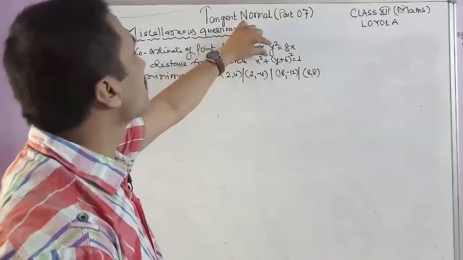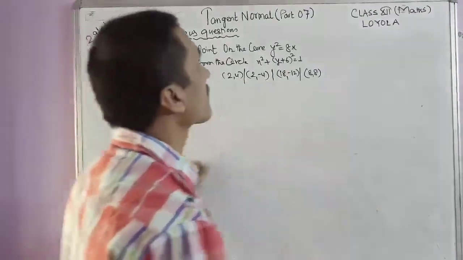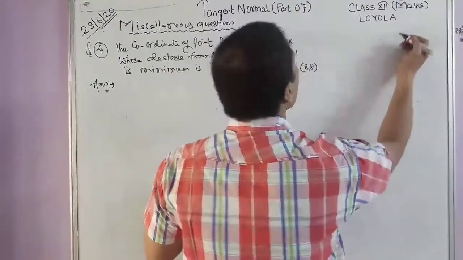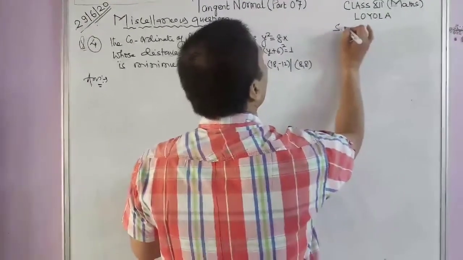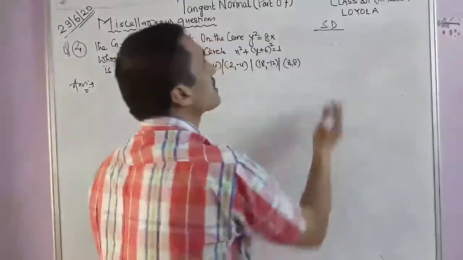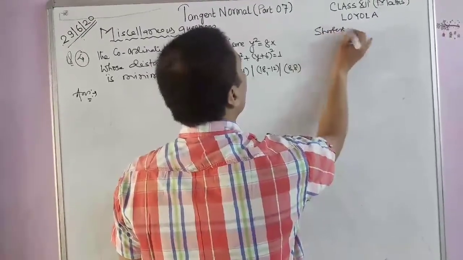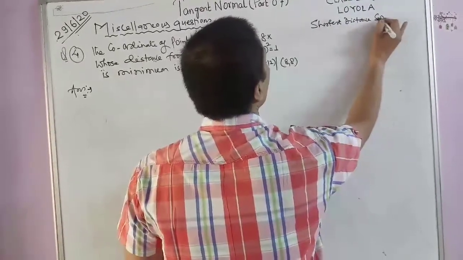Here the distance between two curves is minimum. Distance between two curves is minimum means here we take a term, shortest distance, SD.